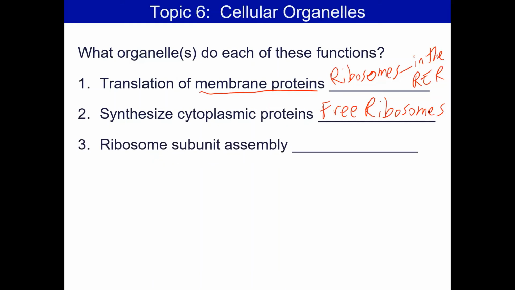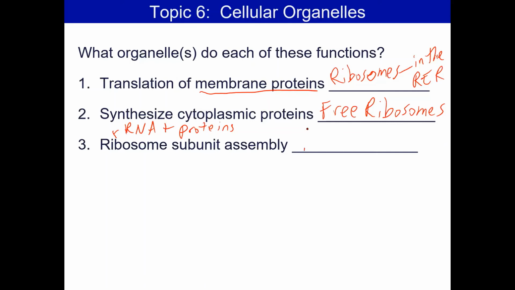Number 3, ribosome subunit assembly. So where are these things put together? Remember, ribosomes are made out of ribosomal RNA, plus proteins. Sorry about my little R's, I'm sloppy the way I make them.